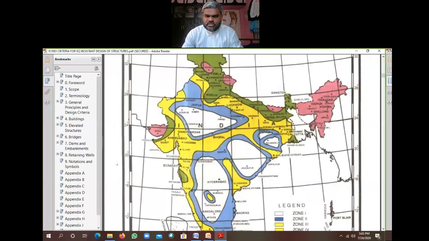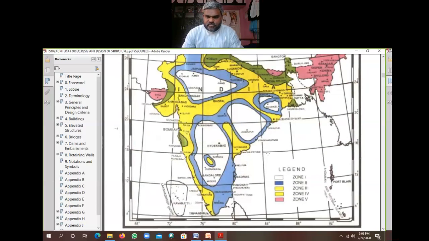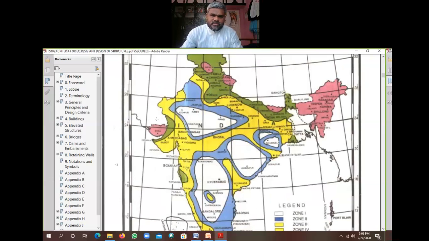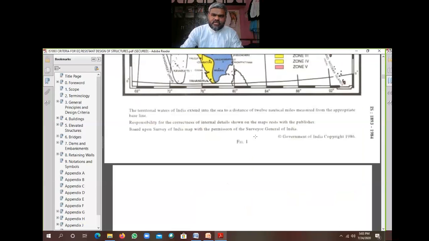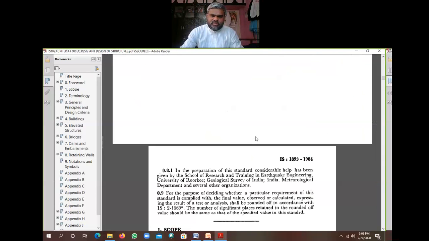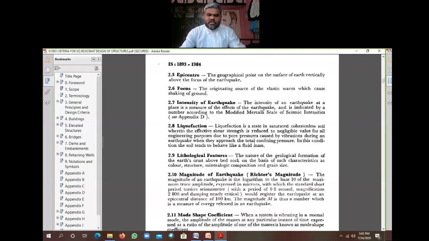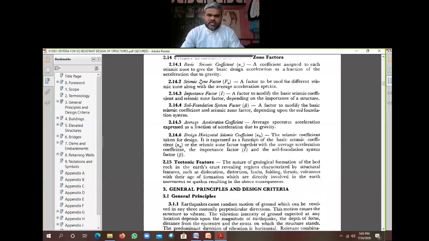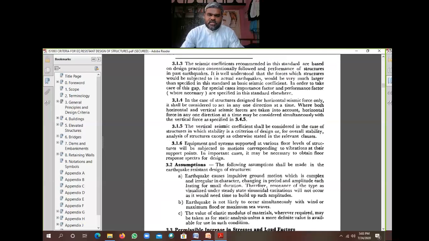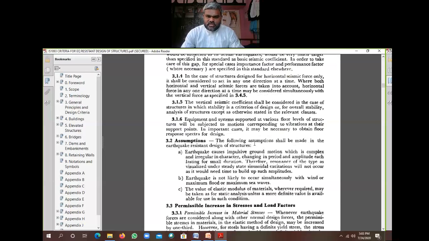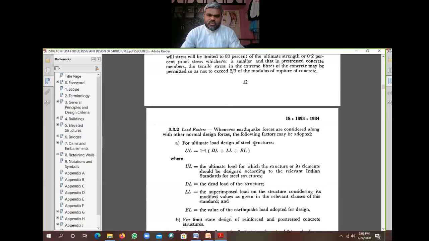Zone 2 is the blue part. Zone 3 is the yellow part. Zone 4 also yellow. Zone 5 is the pink part. Yes, Bhuj. Right. So India is divided into five zones, right? Based on that, we can calculate seismic loads and design the buildings according to which zone the building is lying in, right?